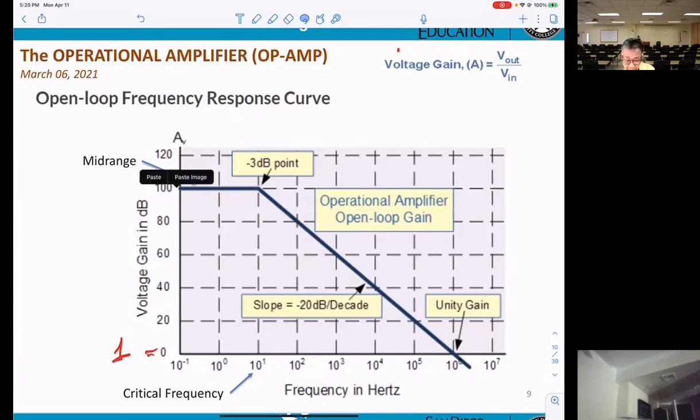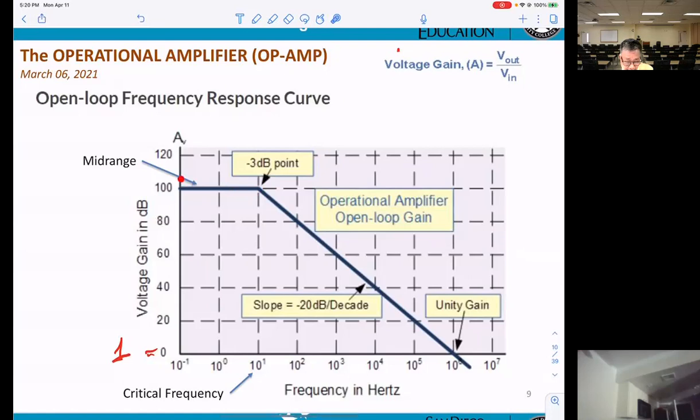If you're looking right here, that's what they call the critical frequency. That means for this display, the cutoff frequency is right at this point.